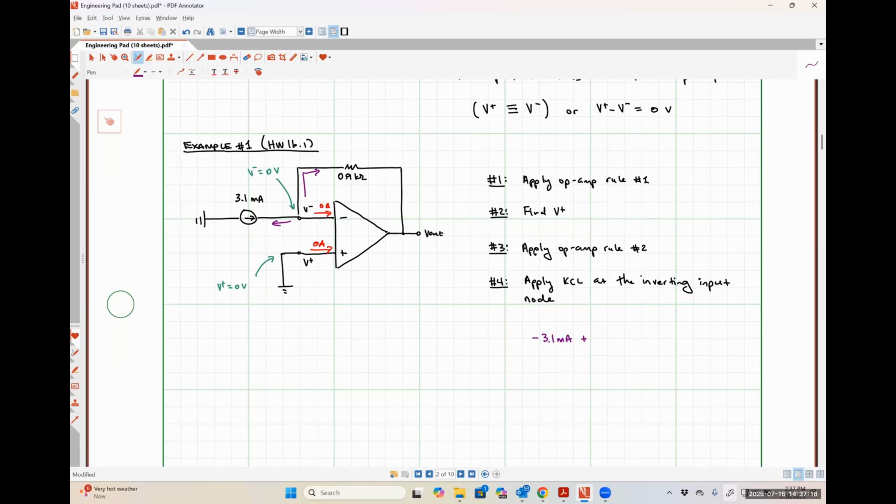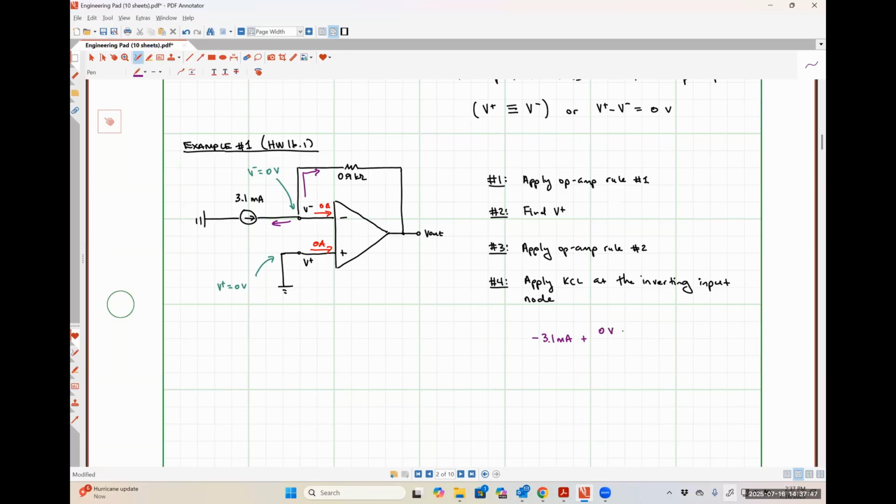And now I'm going to figure out my current flowing to the right. My voltage V minus and my voltage V out are both measured with respect to ground. So I'm going to treat this like I'm performing nodal analysis because essentially I am. My current flowing up and to the right through that 0.9 kilo ohm resistor starts at a node where my voltage is 0.